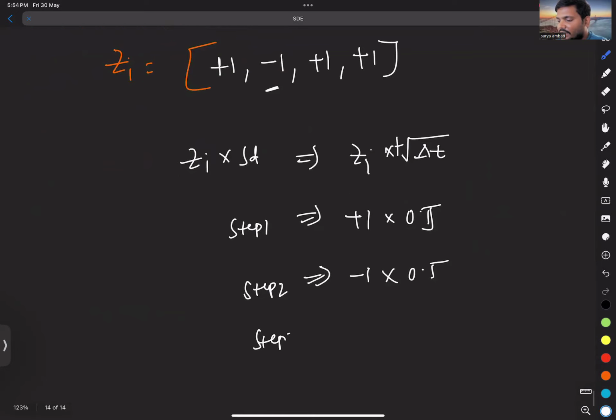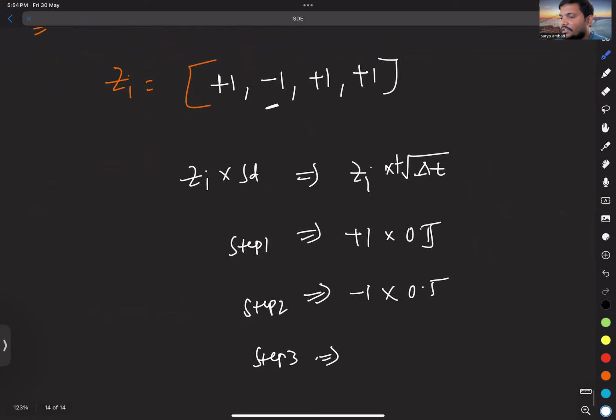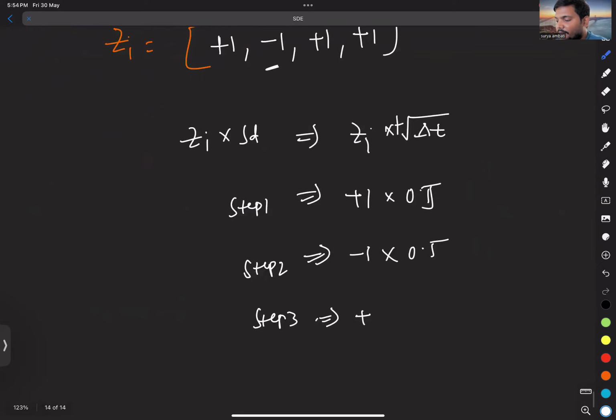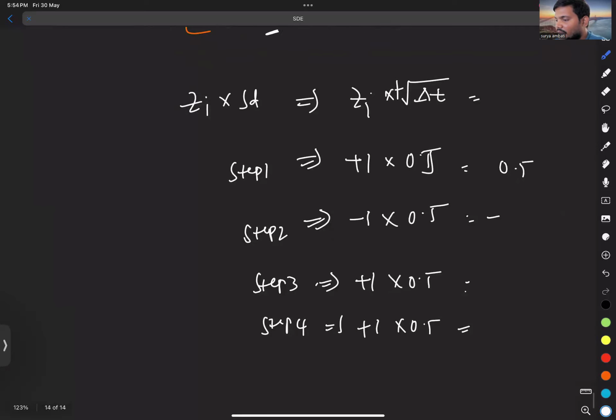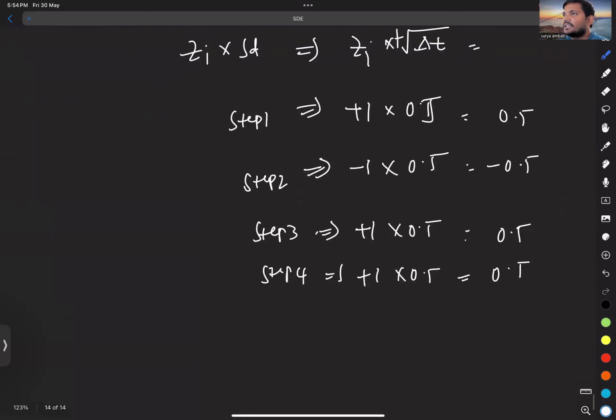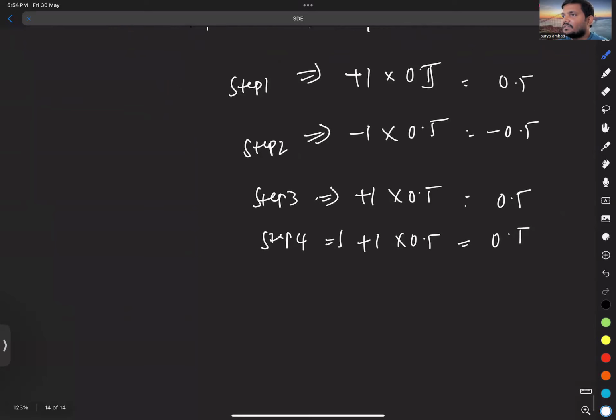Step 3, again he took a right step, which is +1 times 0.5. Step 4, he took the right direction, which is +1 times 0.5. So this is 0.5, this is -0.5, this is 0.5, this is 0.5. Now we have all these steps with their values.